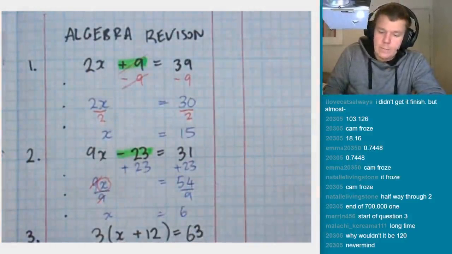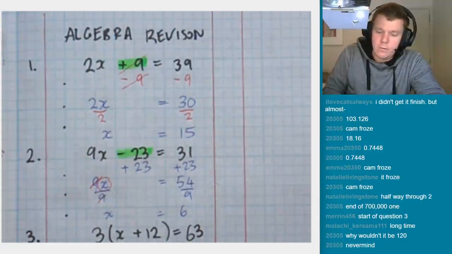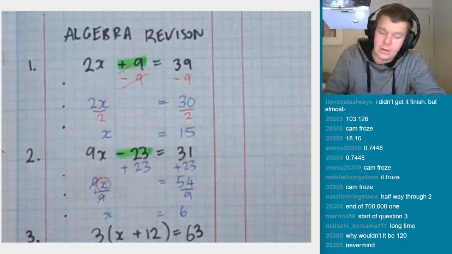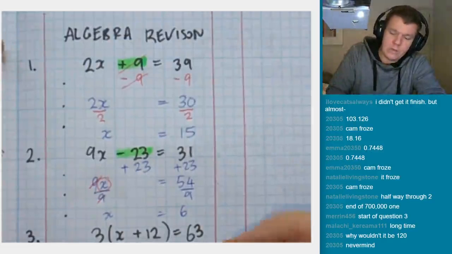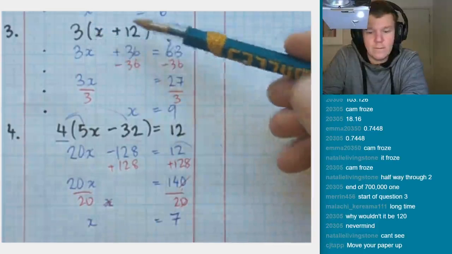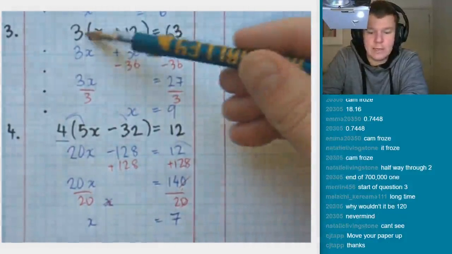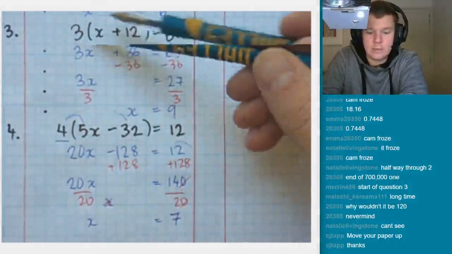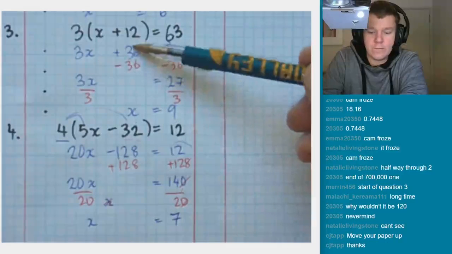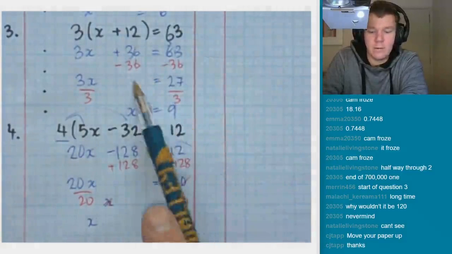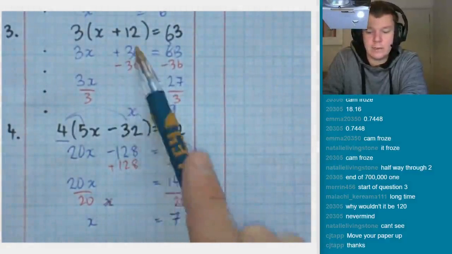Alright, brackets. So when you've got brackets involved, the first thing that you need to do is to expand. From here to here, we expanded. 3 times x is 3x, 3 times 12 is 36, and that equals 63. So we want to cancel out this positive 36.